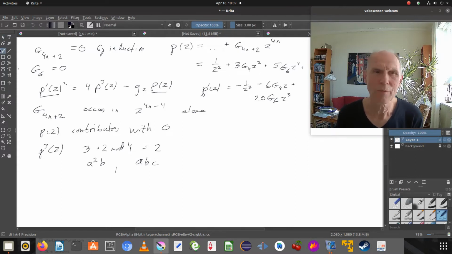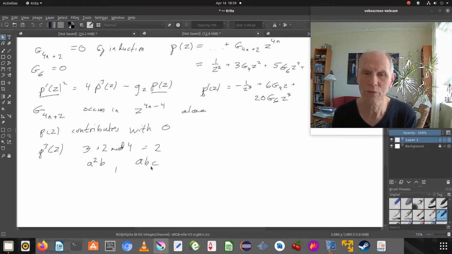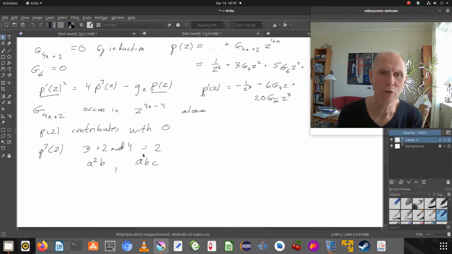If 1 is a multiple of 4, then one of the smaller g, 4n plus 2, will occur, so it will vanish. So they all have to be 4n plus 2. Adding them again gives 2 modulo 4. So everything here vanishes.